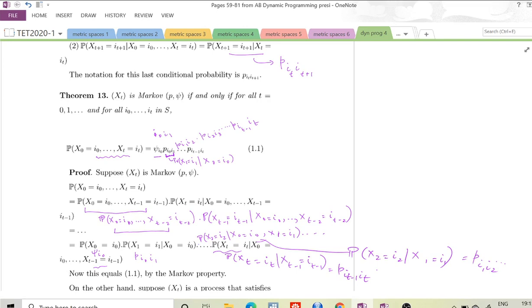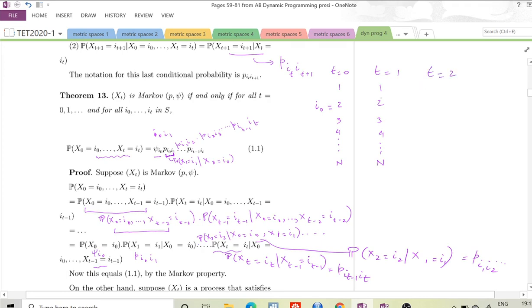Okay, so how does a Markov chain behave? It has some n states, 1, 2, 3, 4, all the way to n. So it's in some state i naught to start with, right? Then it makes some transition, and there are these transition probabilities, right?